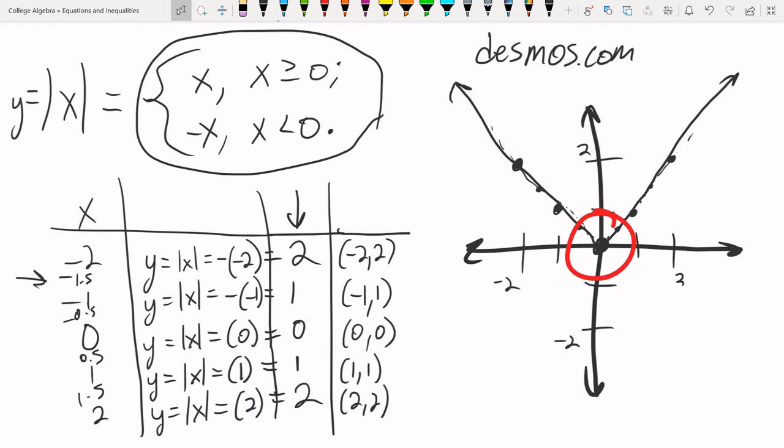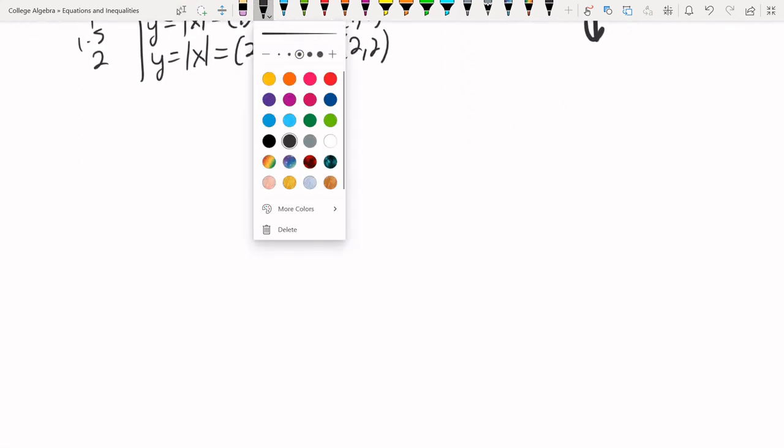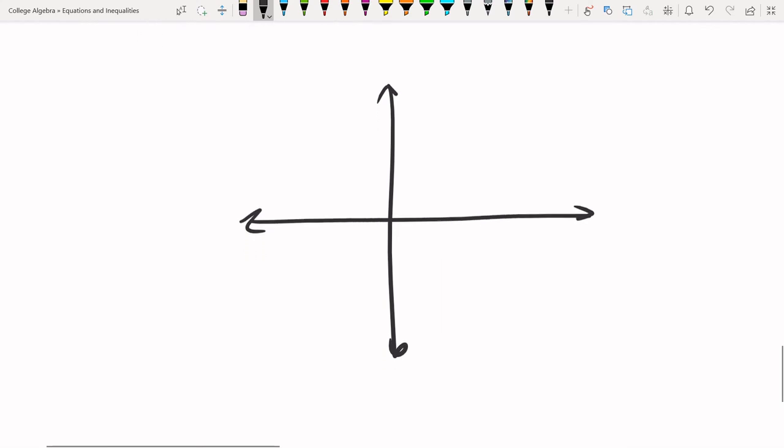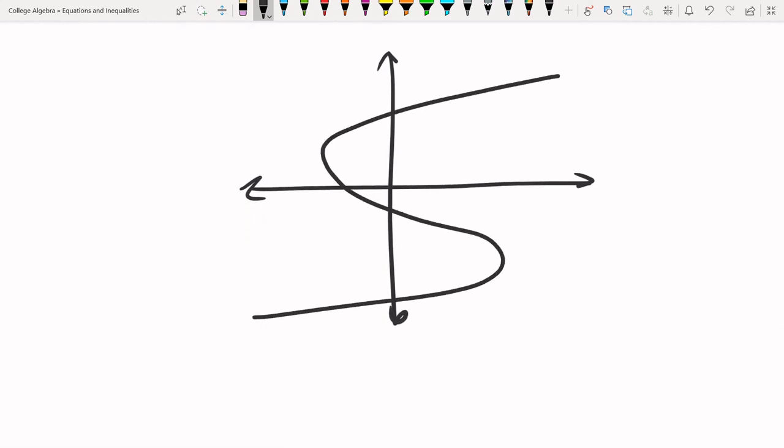Another type of interesting behavior would be, say I have this graph here. Some more interesting points would be these points right here. And this point here. We draw it in a different color to distinguish.